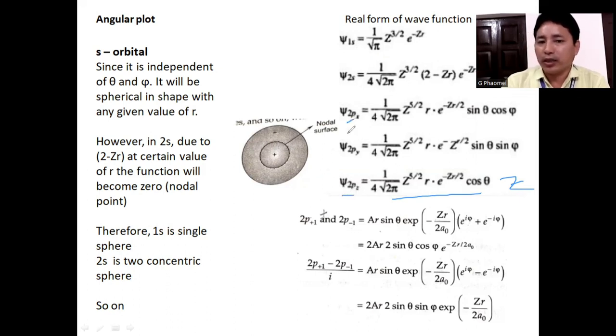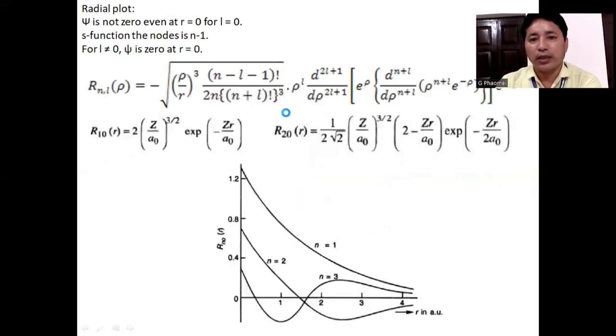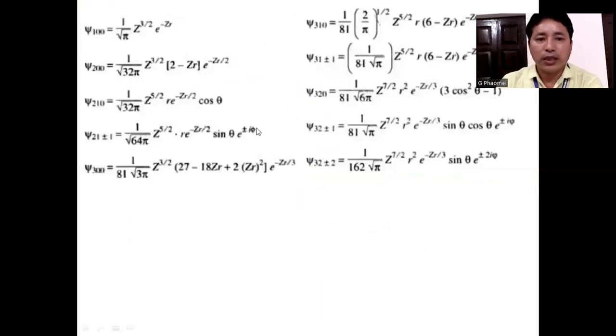But 2px and 2py contain an imaginary part. If you see the wave function here, it contains i. That's why it cannot be a real form to determine the shape of the orbitals.